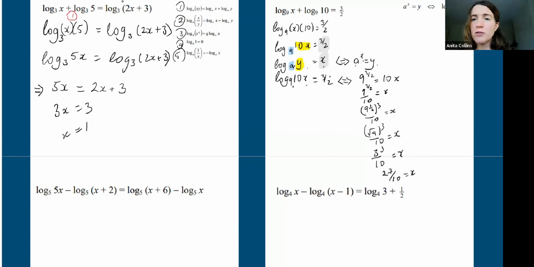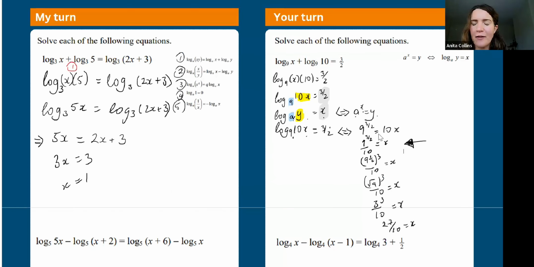Okay, if you resorted to your calculator at this point, perfectly acceptable. I use my laws of indices there to keep going with that. So if you're unclear about the laws of indices, look back on the previous lesson.